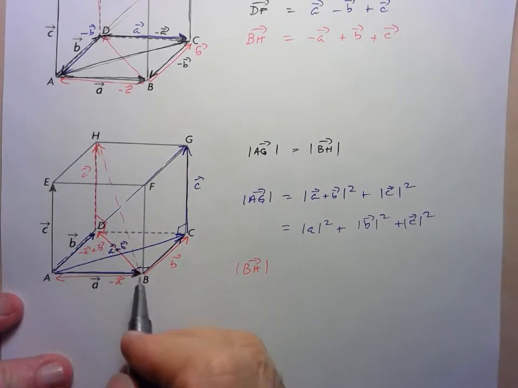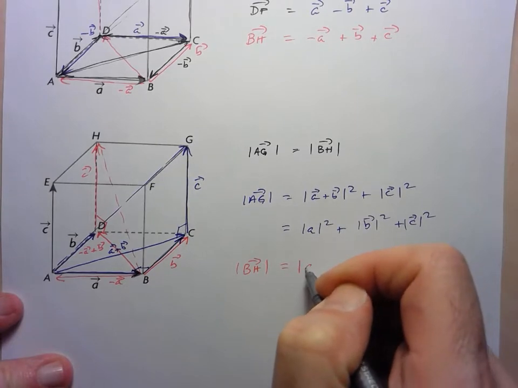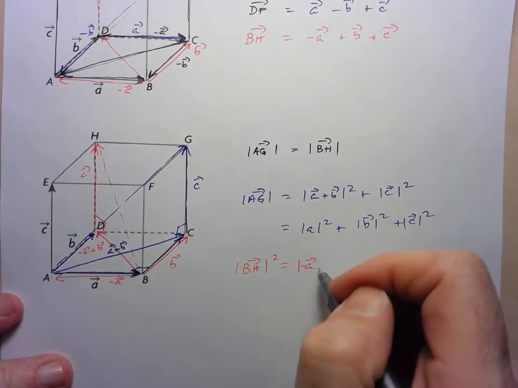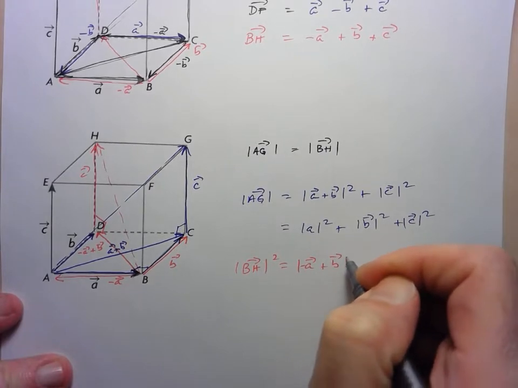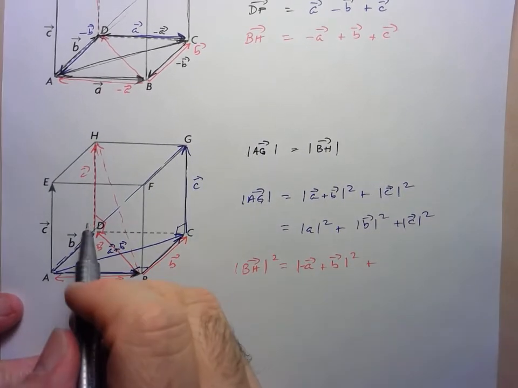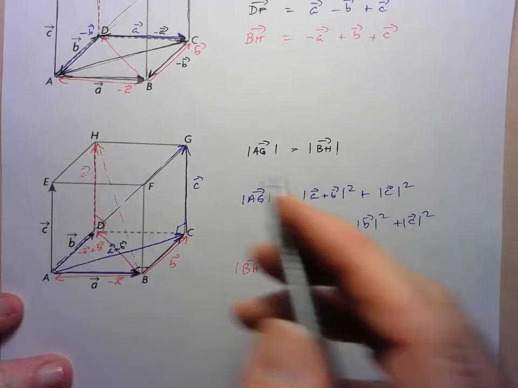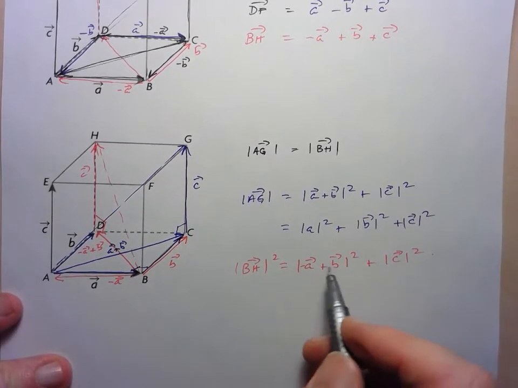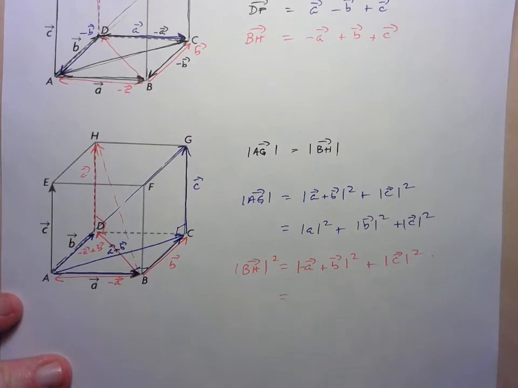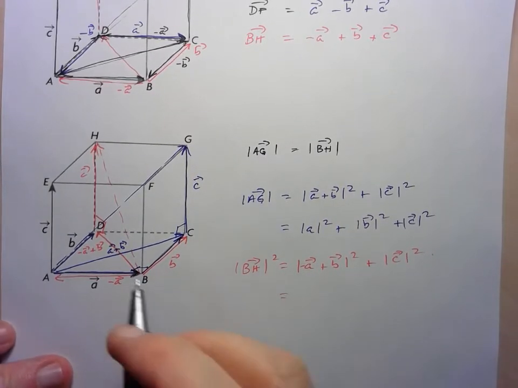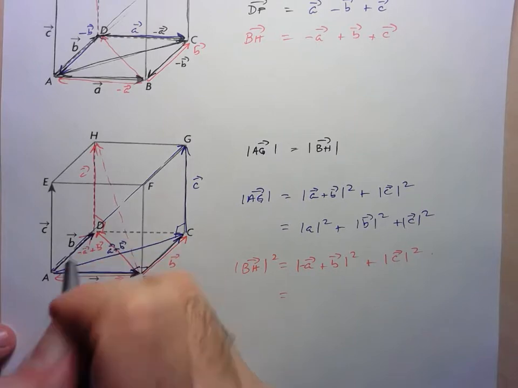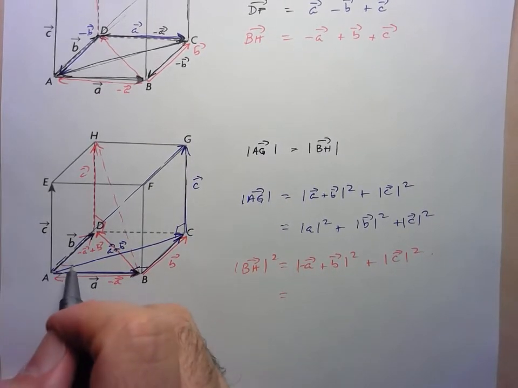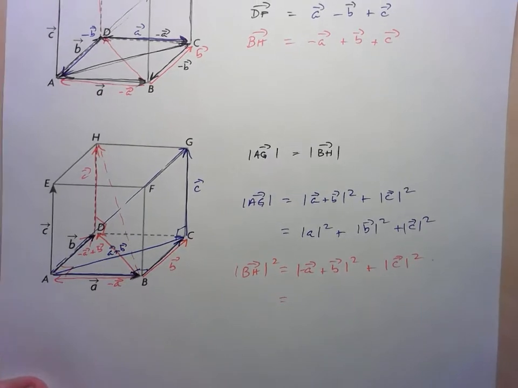Okay, so that means the square of this here is the magnitude of negative A plus B squared, plus this side length here, which is just the magnitude of C squared. Okay, so now we just have to find the magnitude of negative A plus B. But again, if I put B here instead of there, I have, lo and behold, yet another right angle triangle.